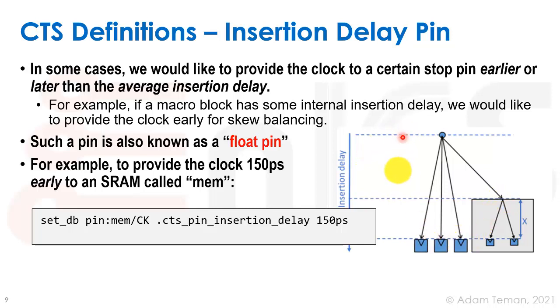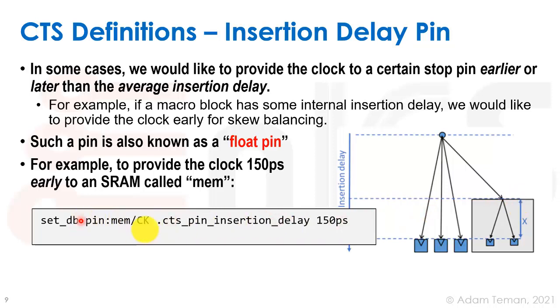And if we're looking at the insertion delay from here going down, what would happen is that this block would be way down here, and we'd get this big skew between these flops and these sampling points that are inside the clock over here. So what we want to do is tell the tool, listen, skew balance to this point, but skew balance it at some earlier point. X in this case, and this is the positive direction of our command.